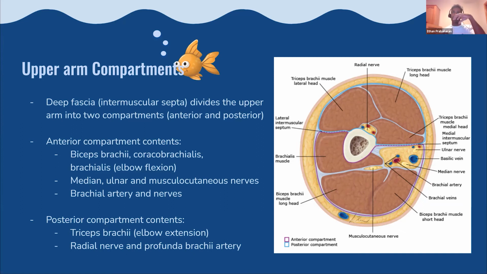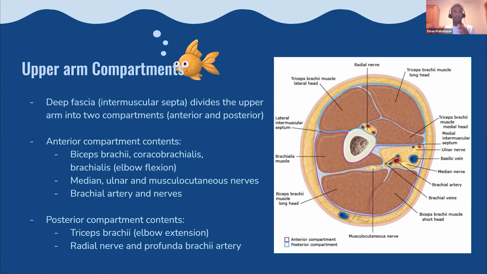And we've got muscles and blood vessels and nerves that always stay in different compartments, right? So the blood vessels in the anterior compartment will supply the anterior muscles, and vice versa. Okay, so when you break it down into compartments, it can simplify things a little bit more for you.